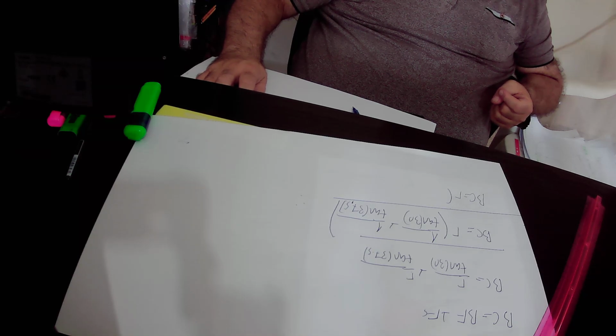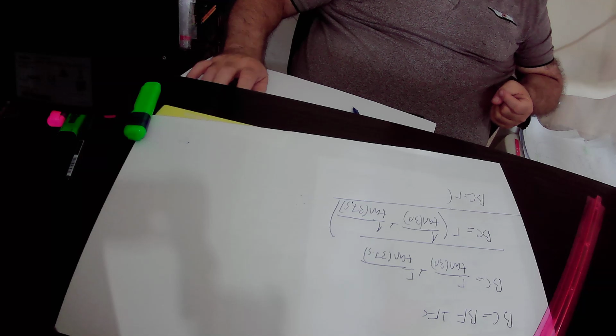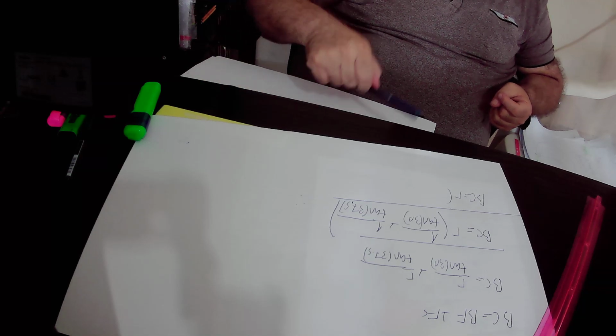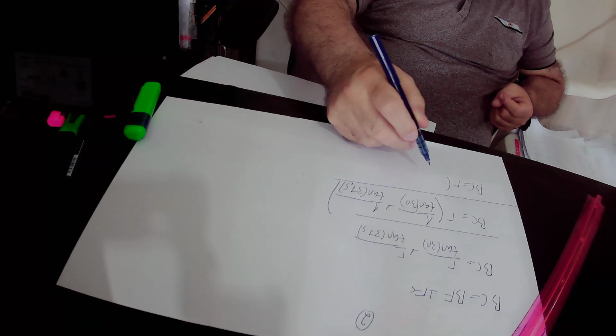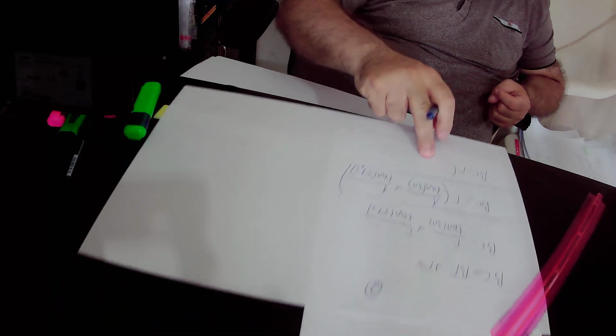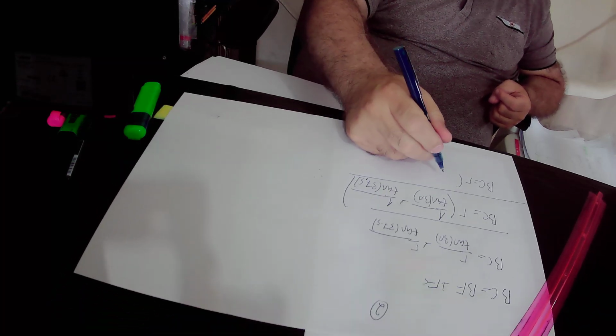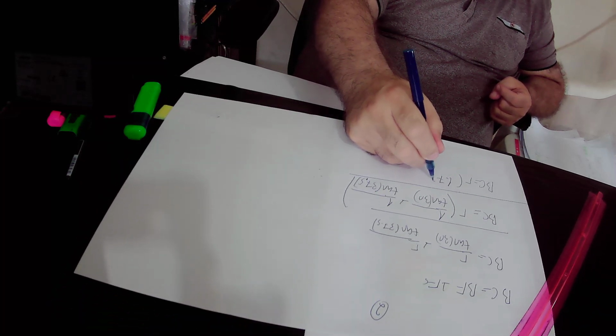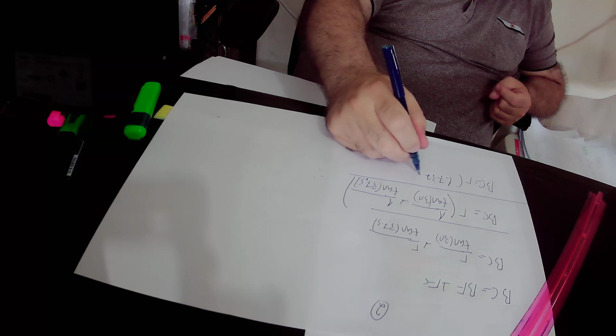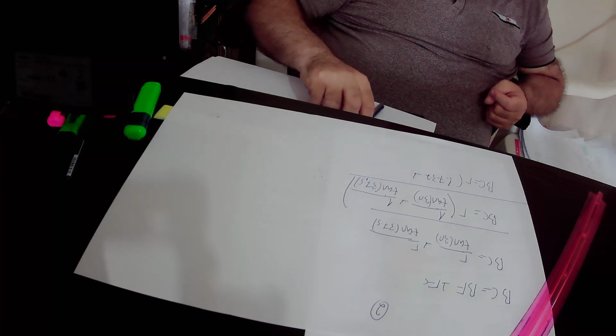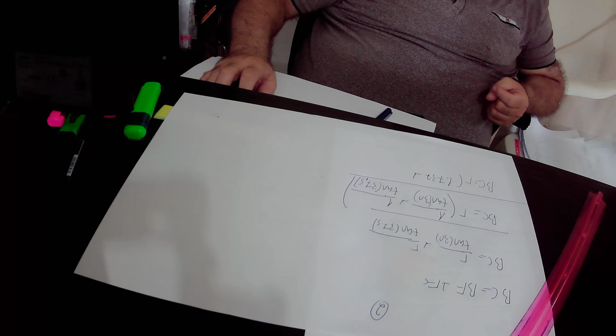This expression, 1 over tangent 30 degrees in total, equals 1.732 units, plus 1 over tangent 37.5 degrees.